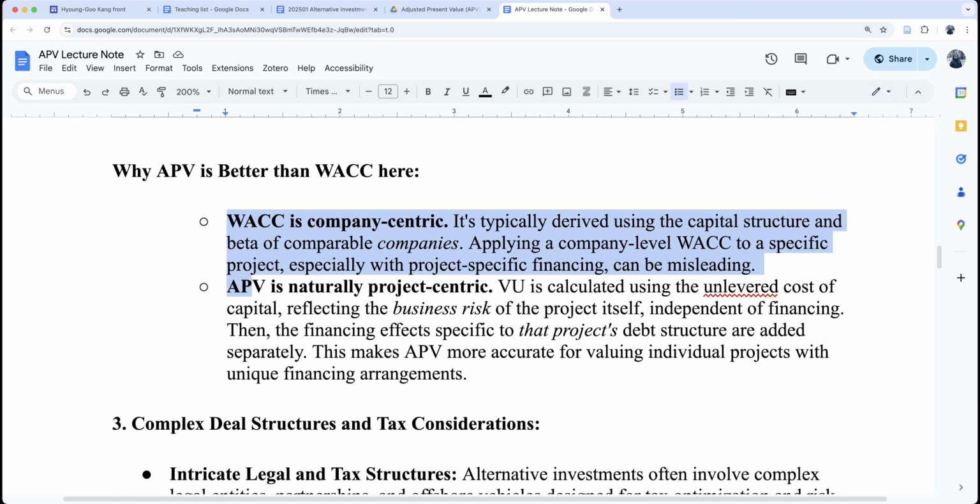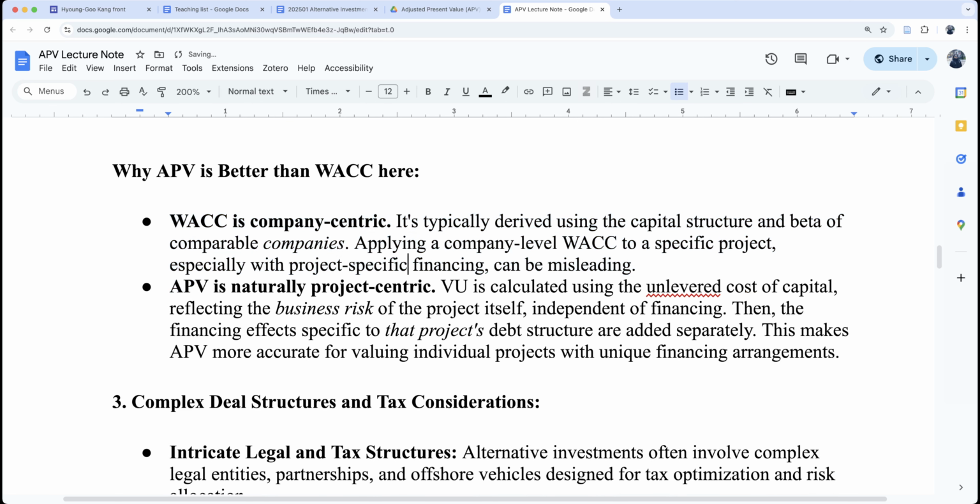Okay, so here the reason is that WACC is company centric. Well, in textbooks we know WACC should be project centric too, but it's typically company centric. There are many organizational problems. If you apply a lower WACC to some division and a higher WACC to some division, some people say it is unfair.